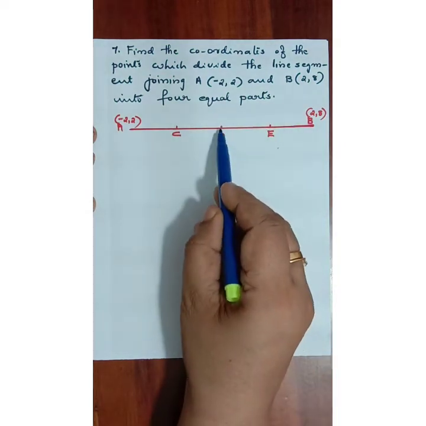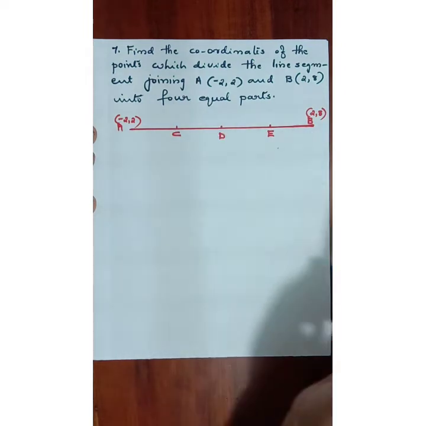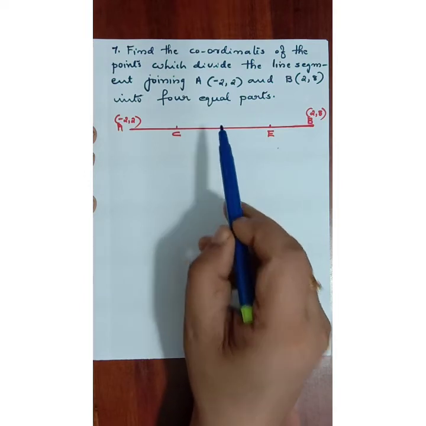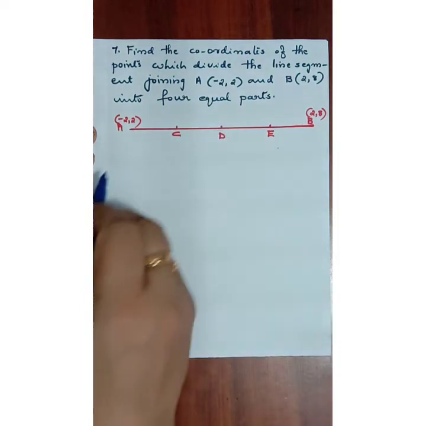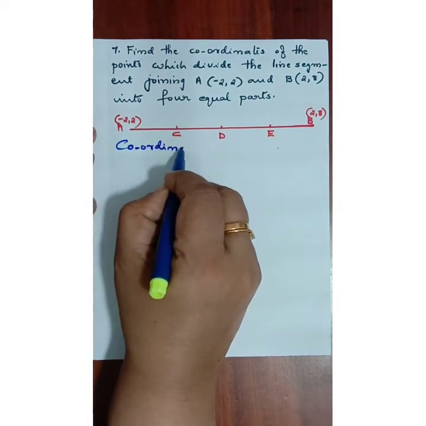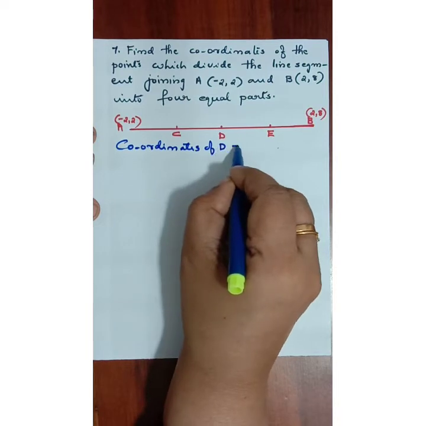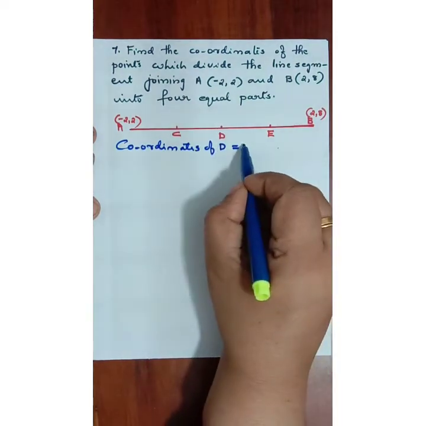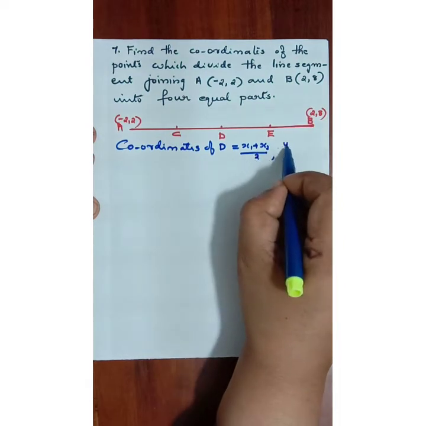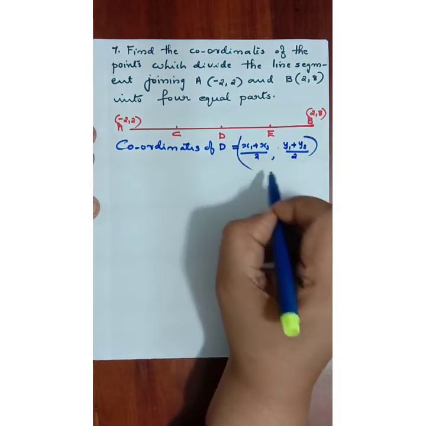Let us consider this point D. Is this point D the midpoint of AB? So we can use the midpoint formula for finding out the point D. So coordinates of D, let it be xy, that is x1 plus x2 by 2, y1 plus y2 by 2. At least once you have to write the formula.